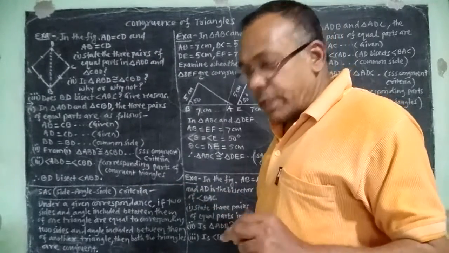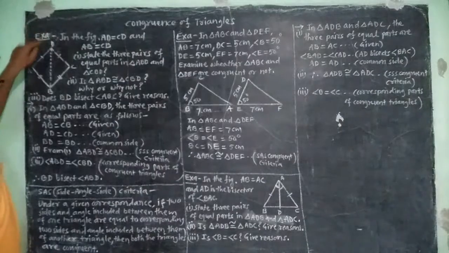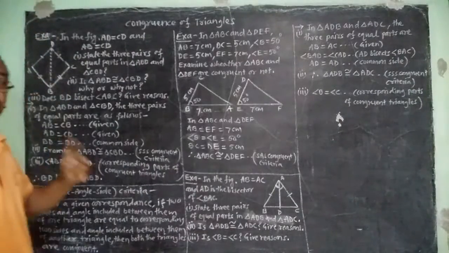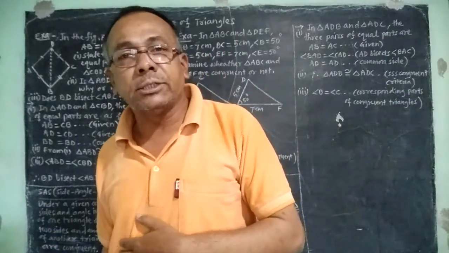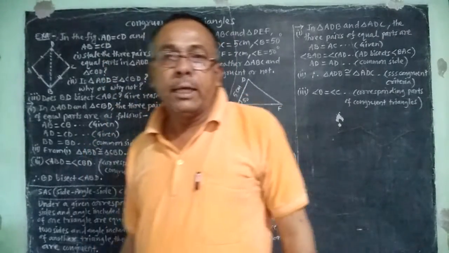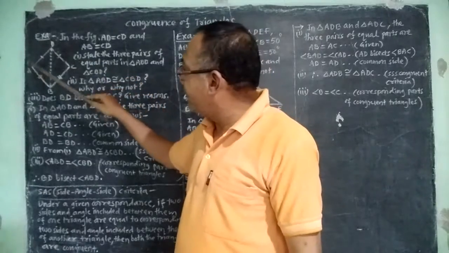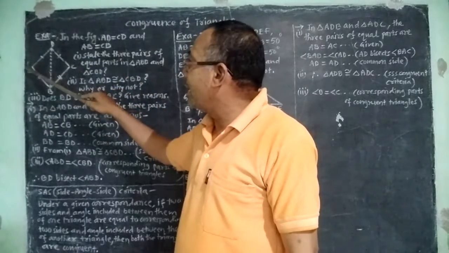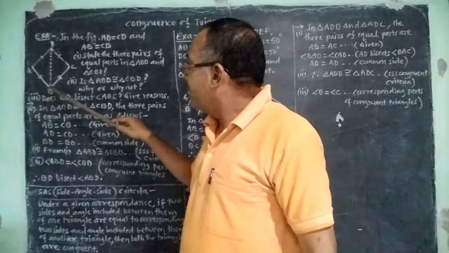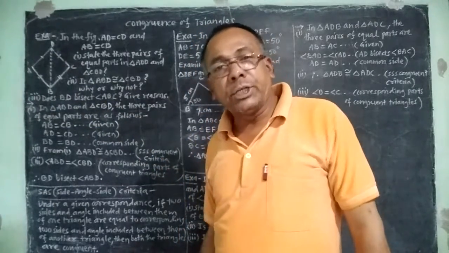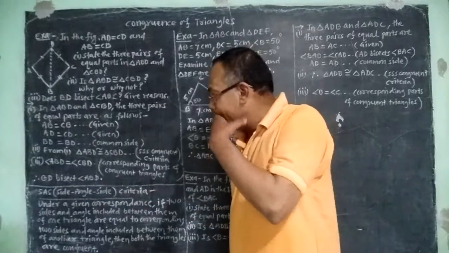Now we know that if any line segment is bisecting an angle into two equal angles or two equal parts, then the segment is called the bisector of the angle. And here since BD divides angle ABC into two equal angles, that is ABD and CBD, therefore BD is definitely the bisector of the angle.